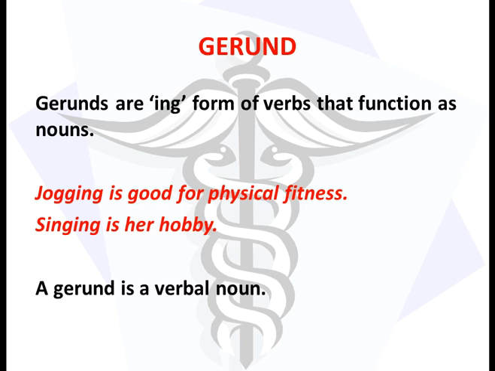It acts like a noun. A verb that performs the work of a noun is called a gerund. A gerund is also known as a verbal noun. It ends in ing. Like, I like singing, he likes singing, they like singing.